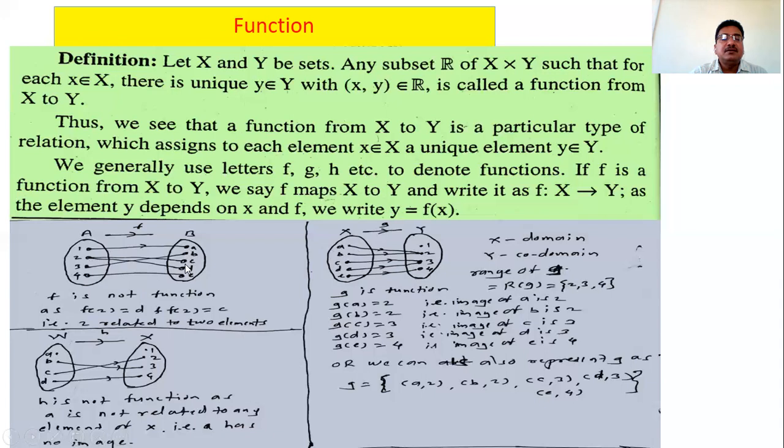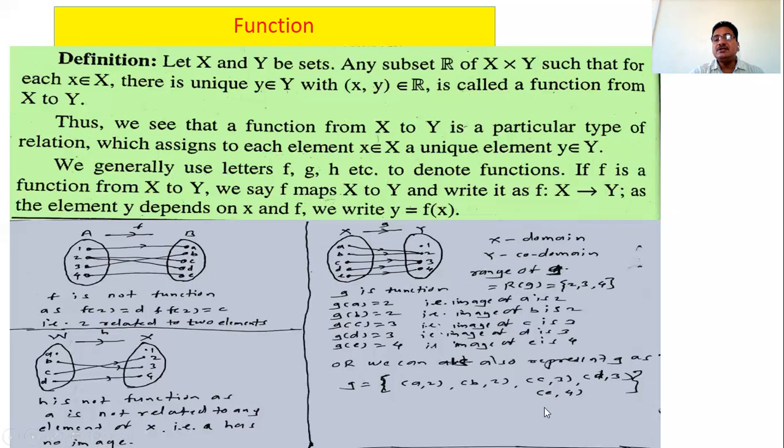What is not allowed in a function is that one element is related to two elements. This is not allowed, but two elements related to a unique element, only one, the same element, is allowed in a function. That is a function. This G is a function.